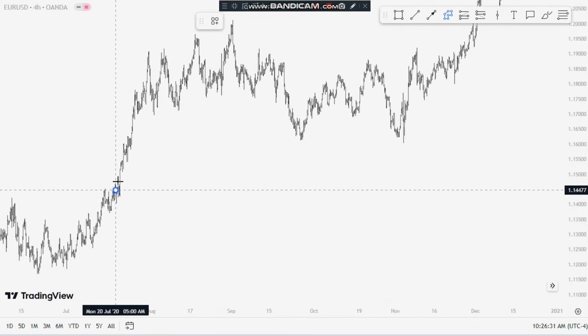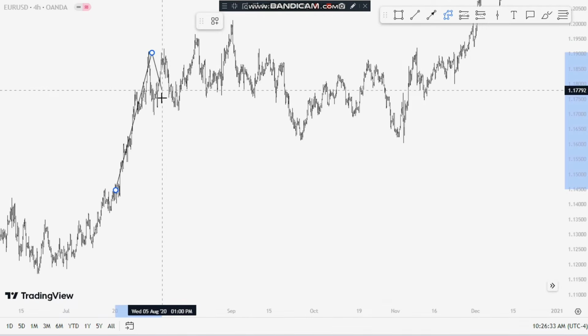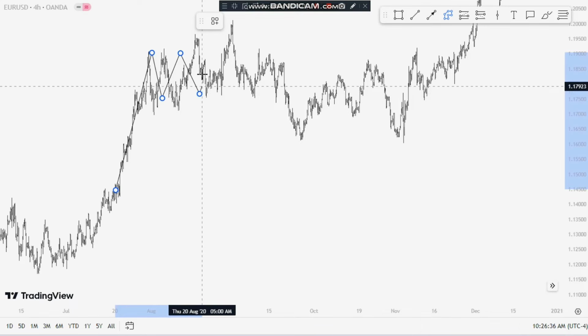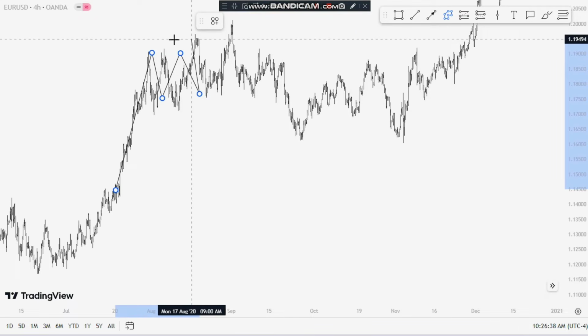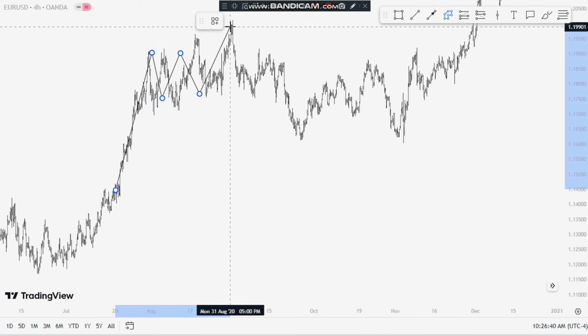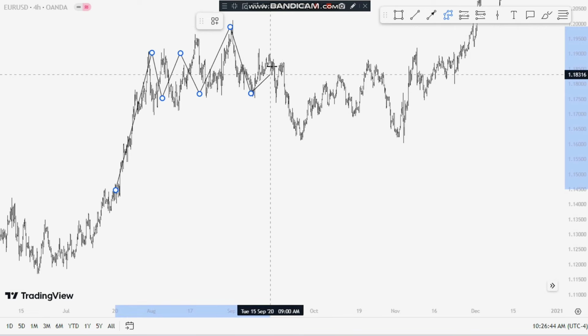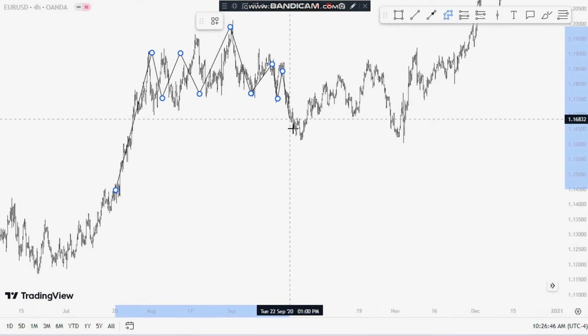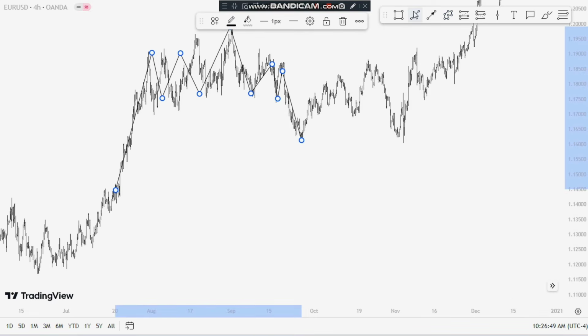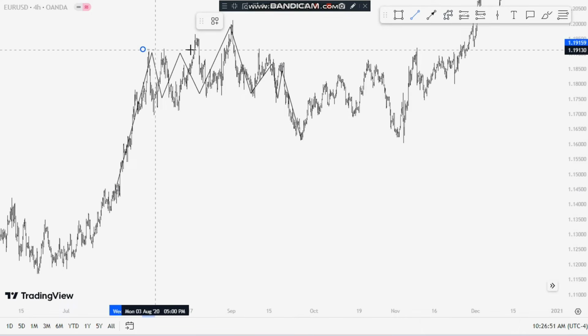You can see that we get a quick move up, then the price starts consolidation here and makes a higher high. Here it made two higher highs, but it shouldn't concern us. It made a higher high, then the price came down again. You can see it made a lower low, so this is important.